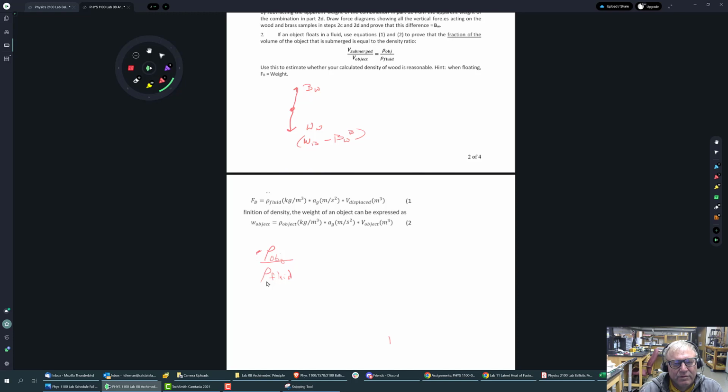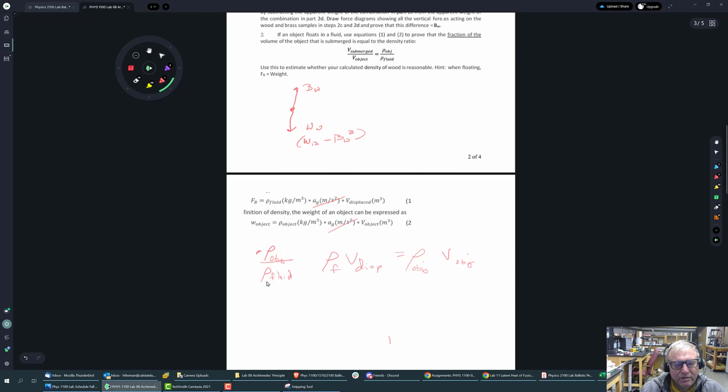And so if we set the two equal to each other, then the acceleration of gravity goes away. So then we have rho of fluid times volume displaced, that's how much is underwater, equals rho of the object and the volume of the object.